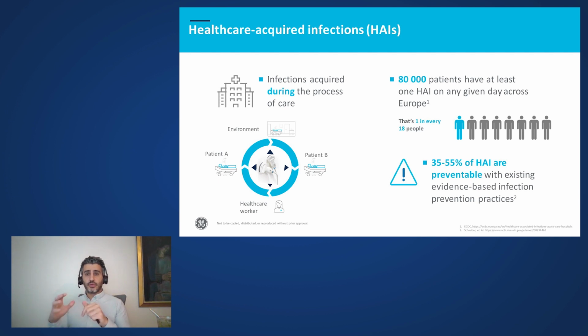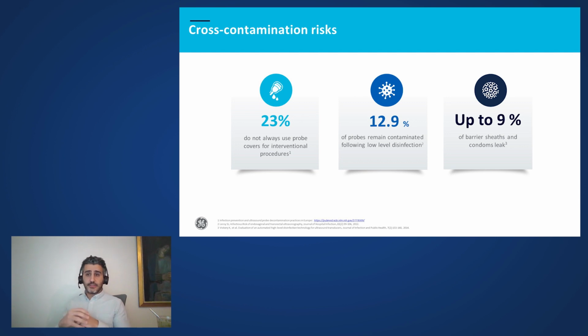If we look across Europe on any given day, you will find 80,000 patients that have at least one healthcare-associated infection. Some studies show numbers such as 23% of all medical professionals not always using probe covers for interventional procedures.